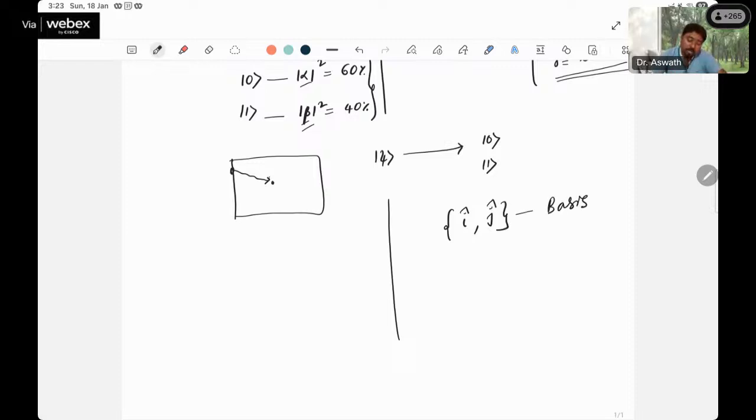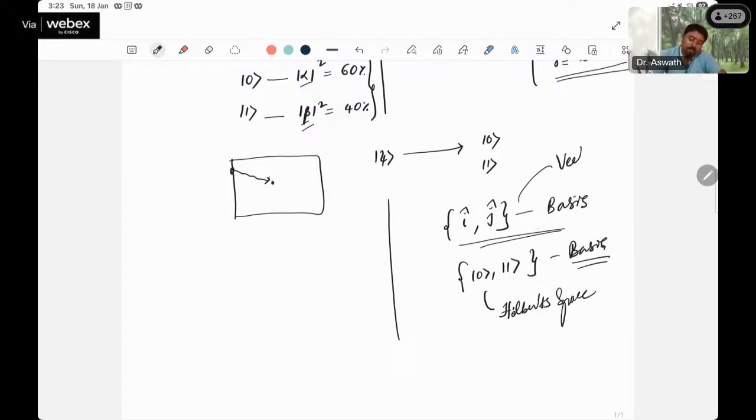Similarly, a quantum system is made up of zero ket and one ket basis states. This is called a vector space, named after Hilbert, the Hilbert space. The classical analog is a simple two-dimensional vector space where any point is described by unit vectors i and j cap. That is the superposition state.